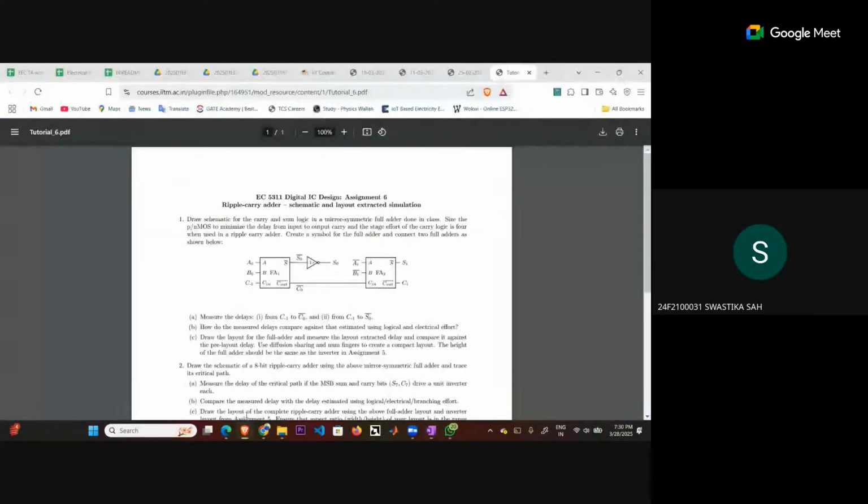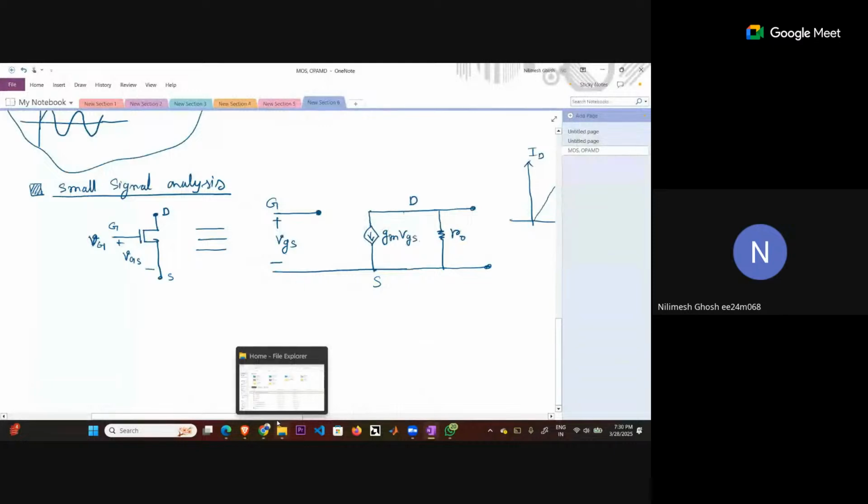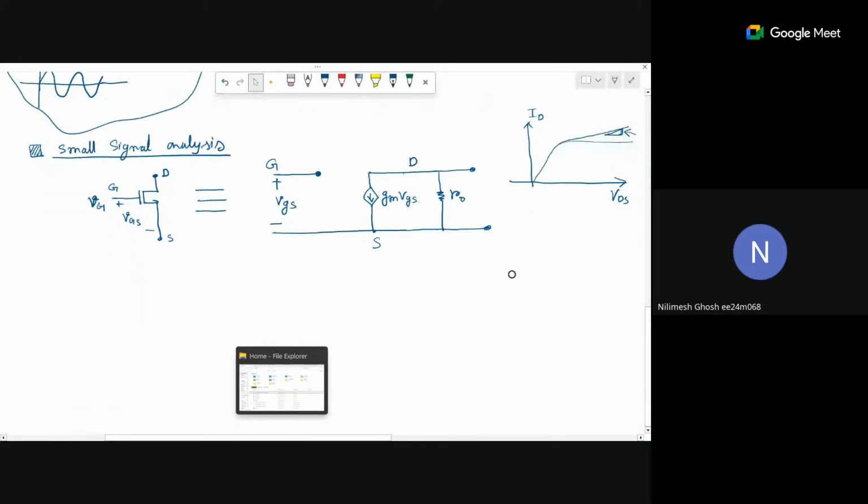It is high because, let's say we are changing 100 volts, but we are getting a very little current. Voltage divided by current: voltage is very high, current is very small, so the overall quantity is very high.